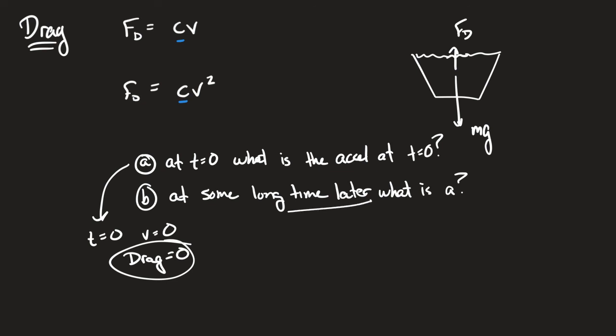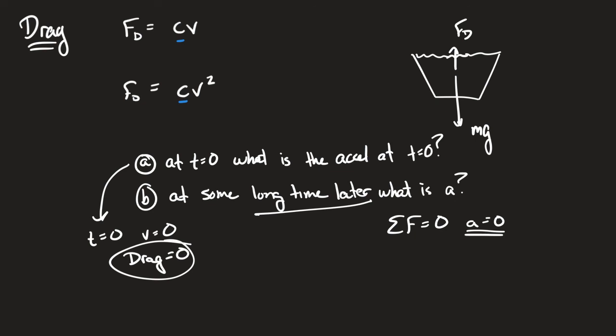However, after a long time, the acceleration should make it so that the net force is zero, where the drag force continues to increase in size because it's accelerating until it reaches a point where these two forces are balanced. Because at that point, the acceleration would have to equal zero, and we're in a steady state condition.